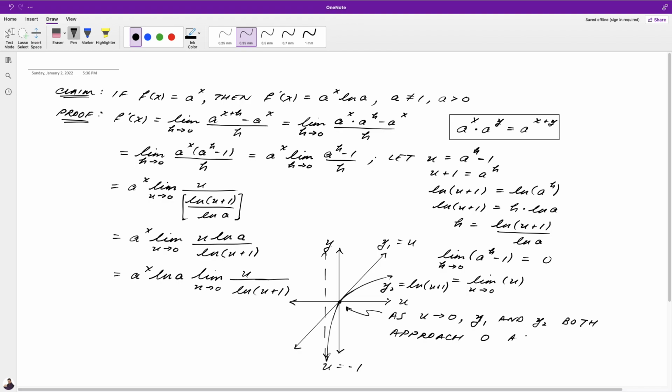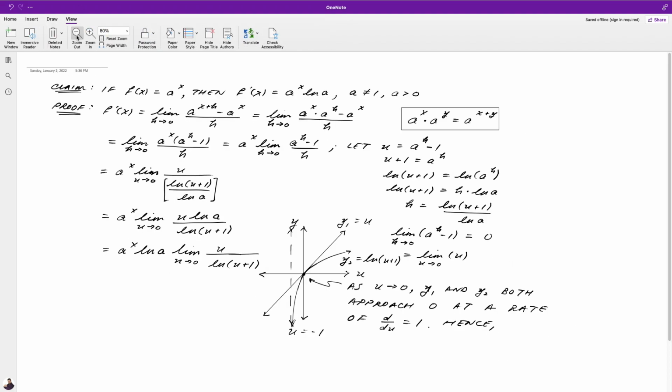At a rate of, we'll say d du equals 1. Hence, let's maybe zoom out one step here.